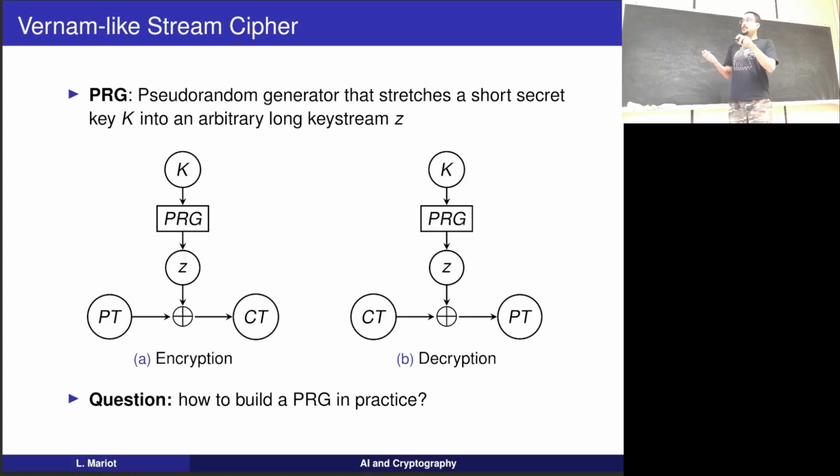And then the output of this pseudorandom generator will be a key stream Z that will be XORed bit by bit with the plaintext PT. And likewise for decryption, the ciphertext will be XORed with the same key stream that is generated by Bob, starting from the same secret key, in order to obtain the original plaintext.